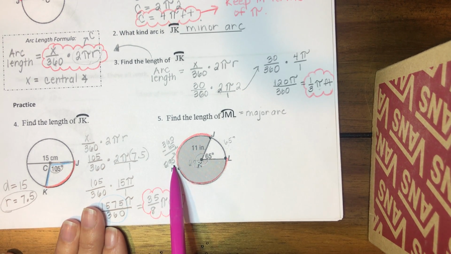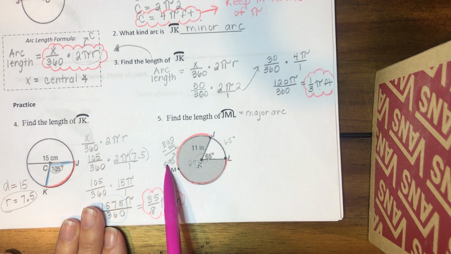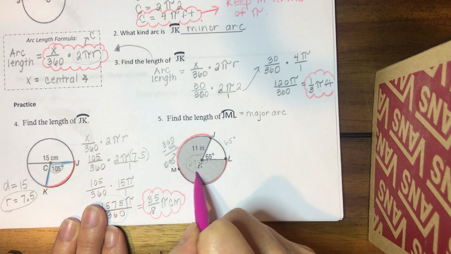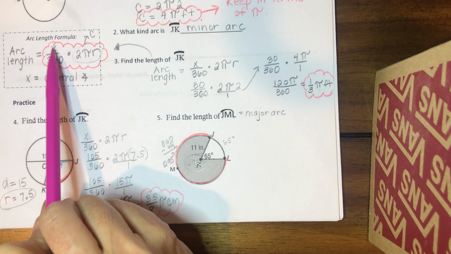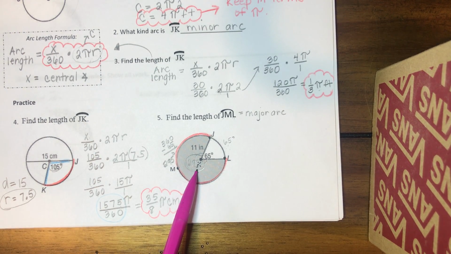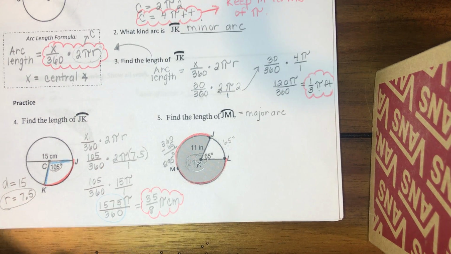So 295 degrees is not the length of my arc. That's the degree measurement. I had to do this to get this 295 inside to be able to plug that into my formula. So remember, for my formula, I need the angle measure, which we just found was 295. I also need my radius. They told us that our radius is 11.